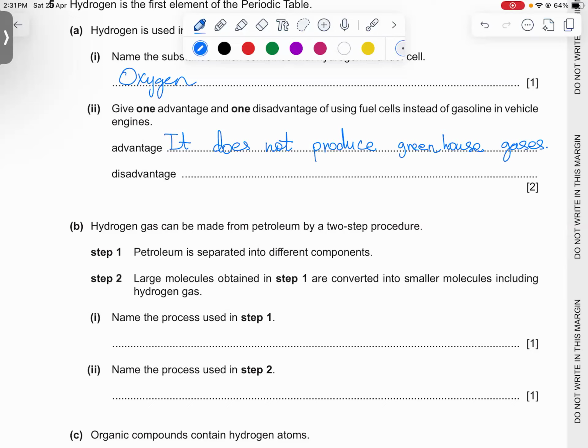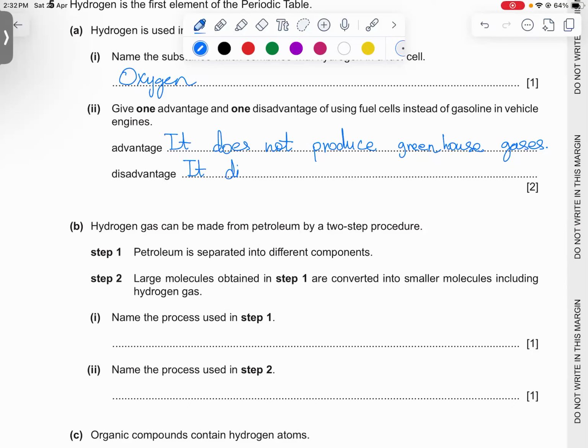Next question. Give one advantage and one disadvantage of using fuel cells instead of gasoline in vehicle engines. We have given the advantage already, so give the disadvantage. What is the disadvantage? The hydrogen-oxygen fuel cell is extremely reactive, so it is dangerous and hard to contain hydrogen.